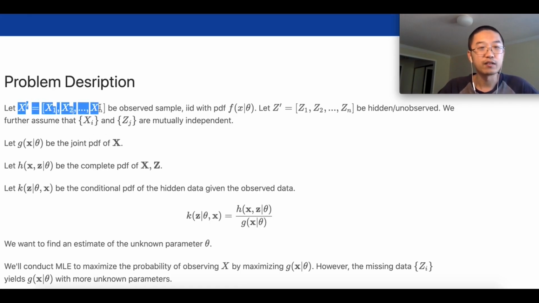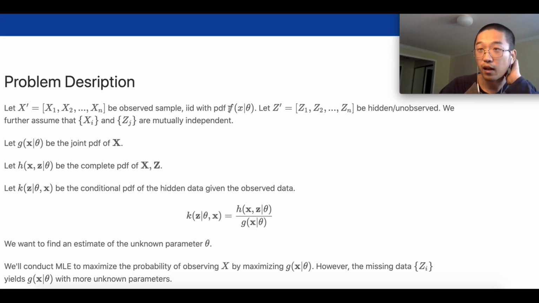We have a sample. Let's say this sample is called X. There are n samples from x1 to xn. They're all identical samples from a common probability density function f, and the parameter we need to estimate is called theta. However, there's some hidden information we don't know.